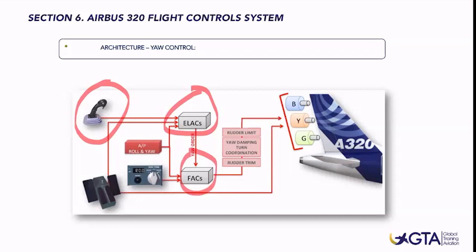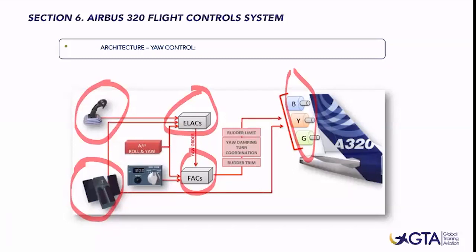The FAC will be in charge of performing the rudder travel limit and yaw damping and turn coordination, and will move the rudder using the three hydraulic servo jacks. Additionally, we have the possibility to move this rudder using the rudder pedals. This is a mechanical control on the rudder.